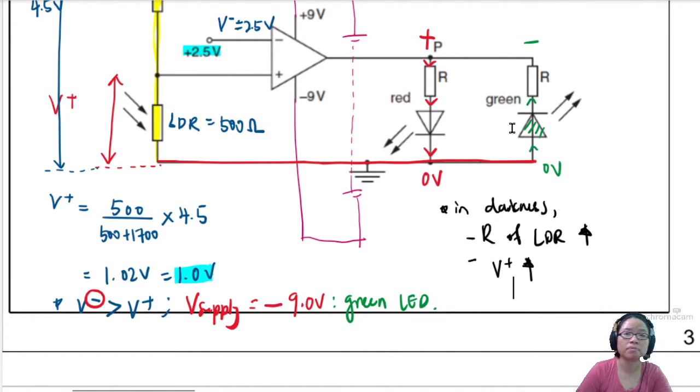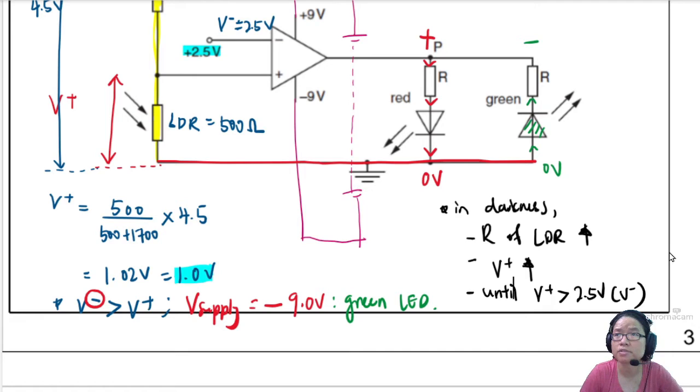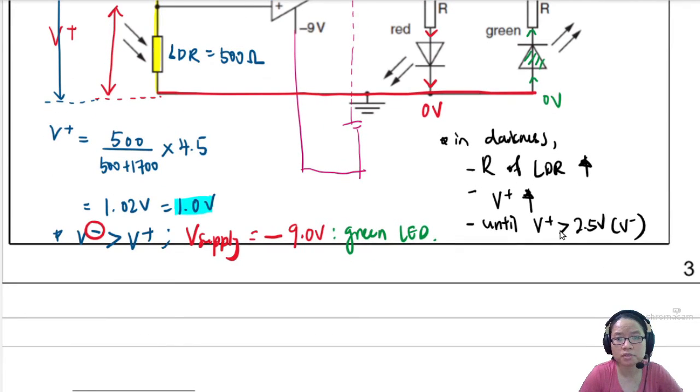And if the output flips, then the different LED will light up. V out is equal to positive 9 volt because your V plus is greater, and because of this, the red LED will light up.